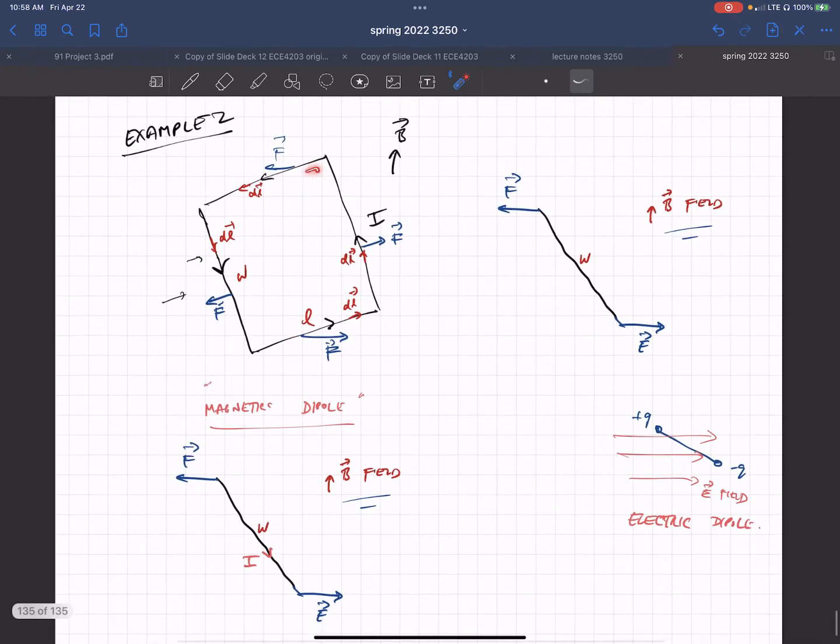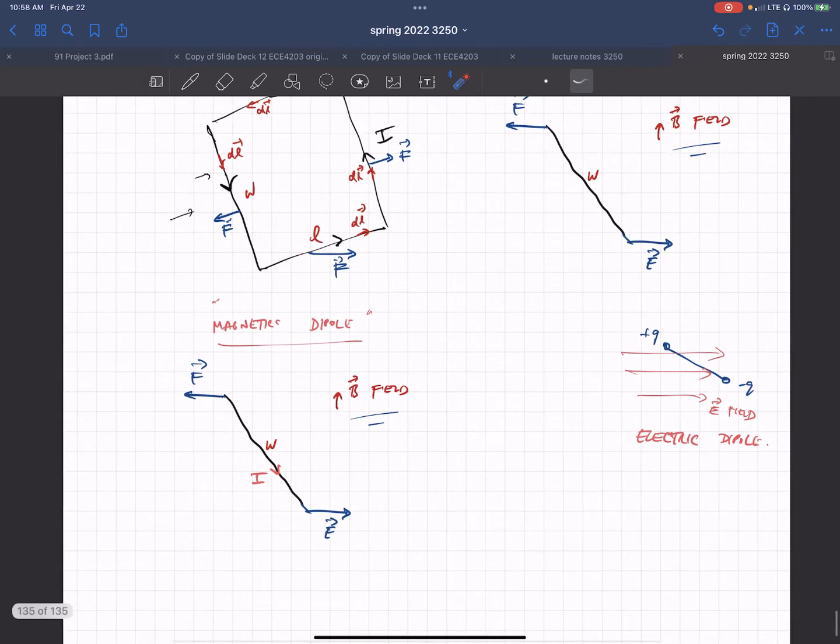Whereas in a magnetic dipole, we have a current going around the loop because there's no such thing as a magnetic unit charge. Magnetic fields or magnetic things that sense magnetic stuff are always sort of moving charges. Okay, so that's one. The second thing was the E field was going in this direction, whereas the B field's going in this direction in this case.